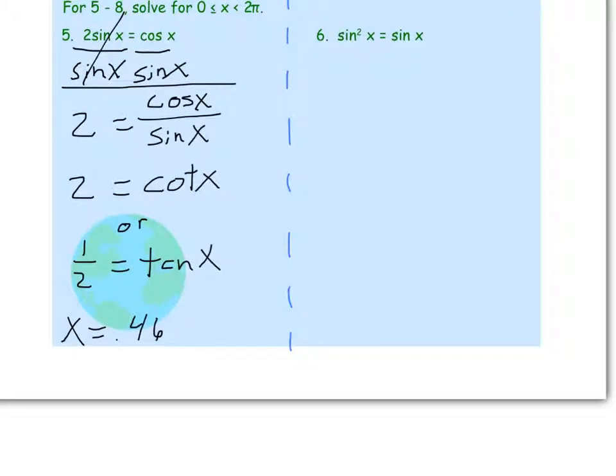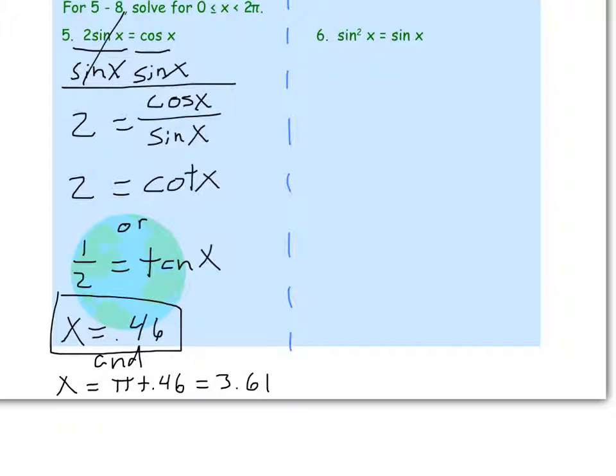But remember, we have a little rule for tangent to generate solution number 2. We take pi and we add the first solution that we got. And there we get 3.61. So 0.46 radians and 3.61 radians would be the solutions to that equation.